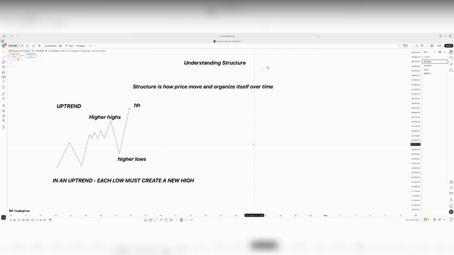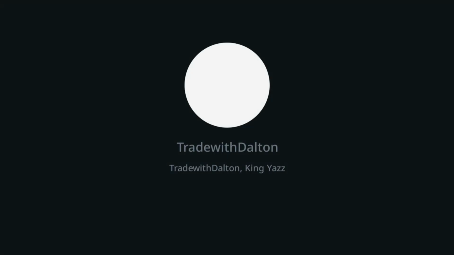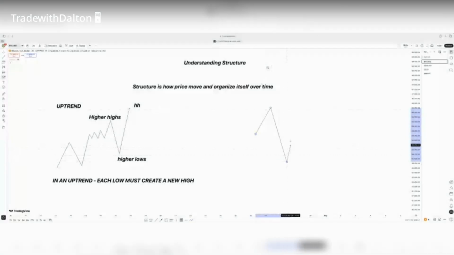A downtrend is the opposite scenario. When you have a series of lower lows and lower highs, meaning each high is creating a new low.